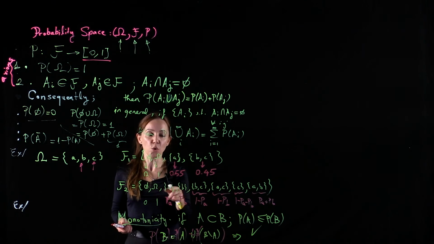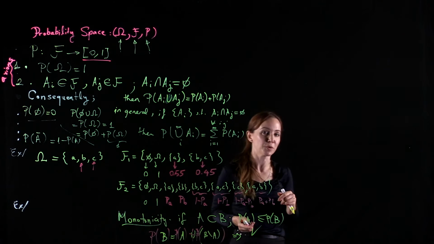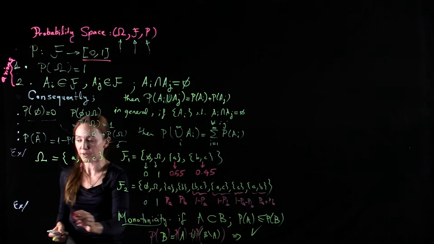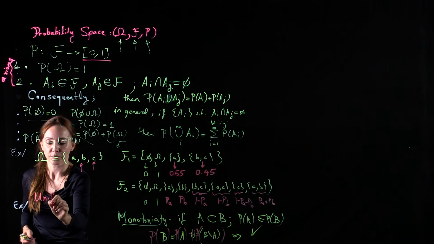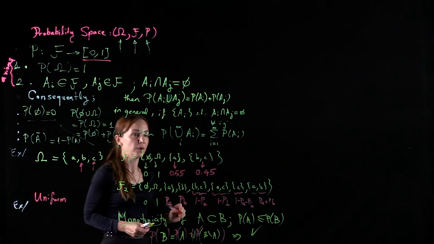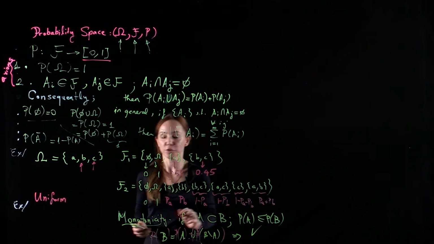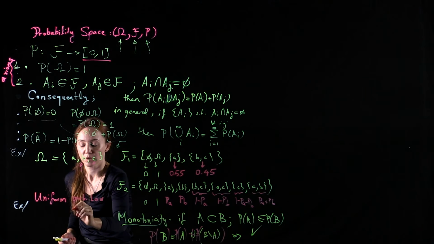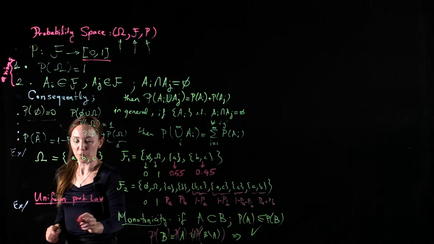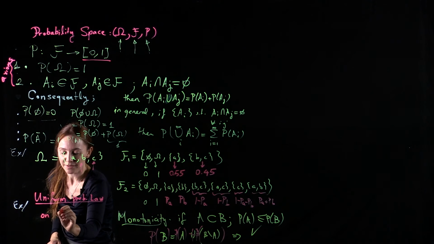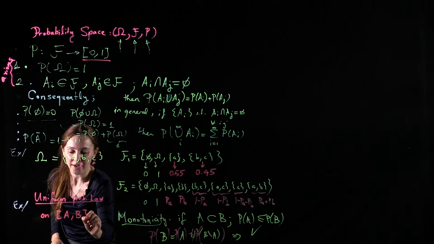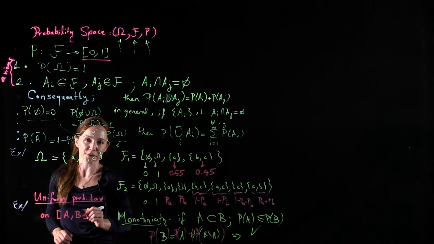Let's now look at a continuous probability law. For example, let's define the uniform probability law on the interval from A to B, where A and B are real numbers.